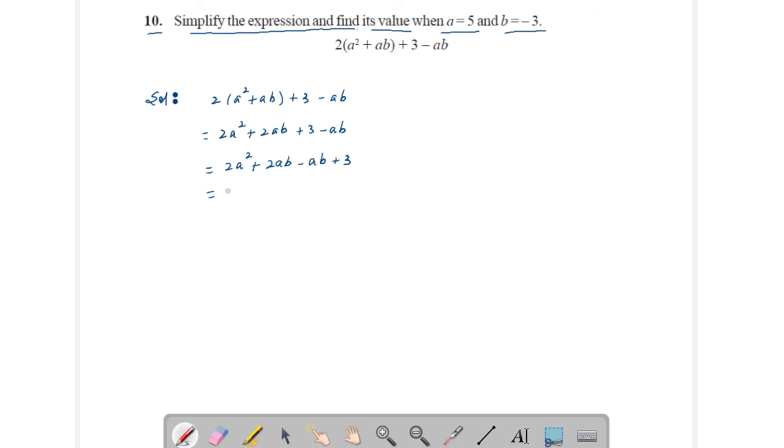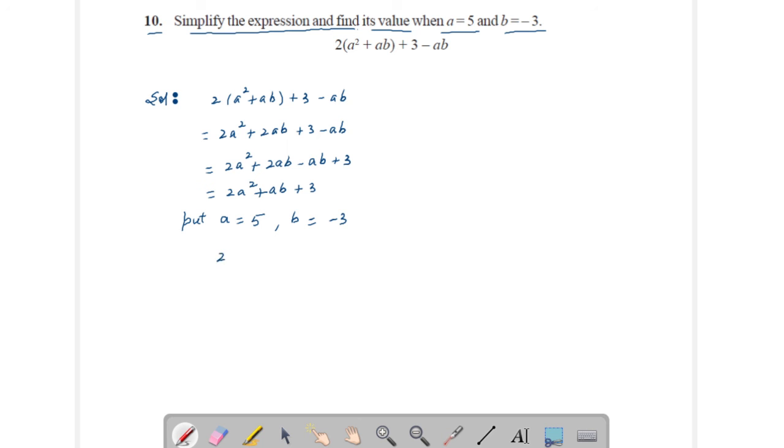Solve it. 2a square plus 2ab minus ab, it is plus ab, plus 3. Now put a equal to 5, b equal to minus 3. What will you get?